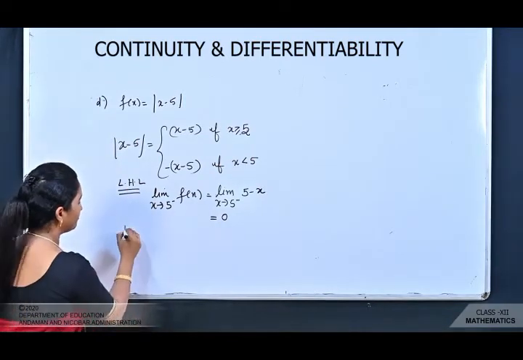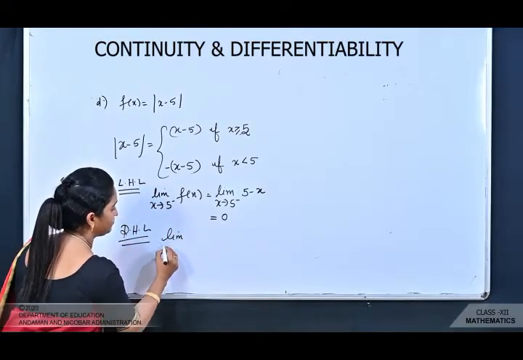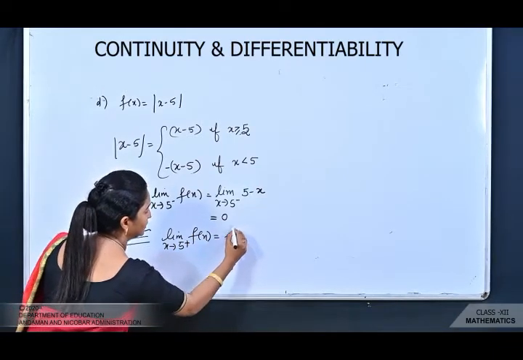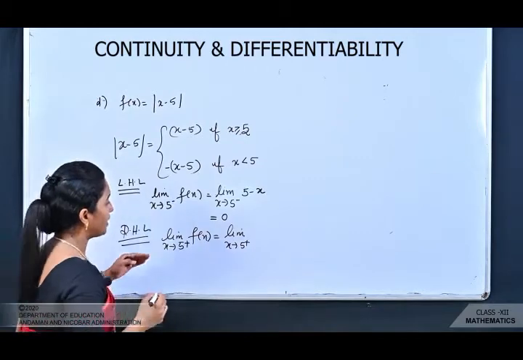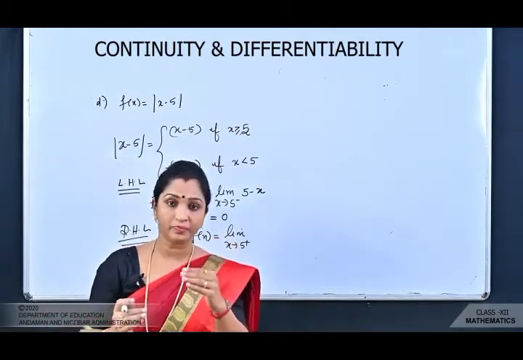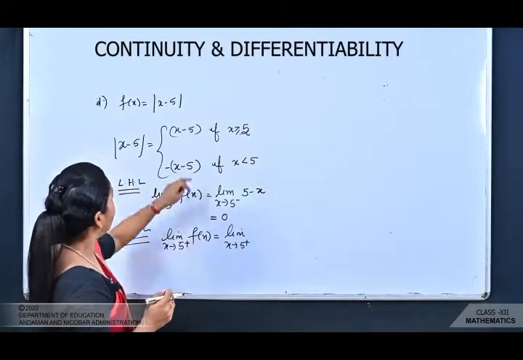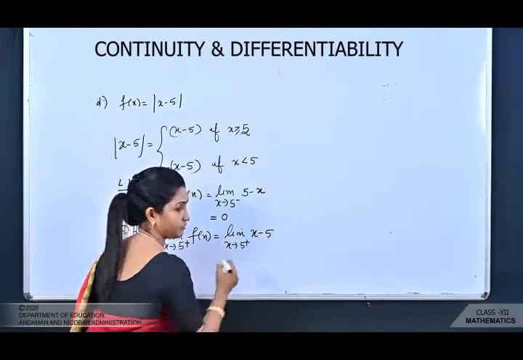Okay. Now again we will find RHL, that is right hand limit. Limit x tends to 5 plus f(x) is equal to limit x tends to 5 plus. So when x is approaching 5 from the right hand side, the value of the function is x minus 5.